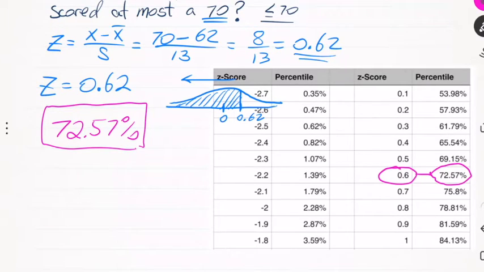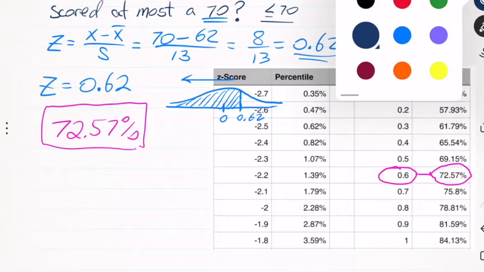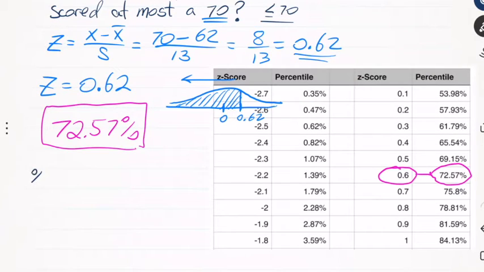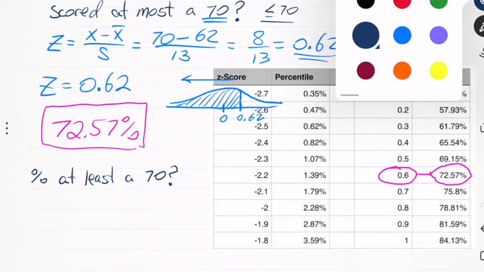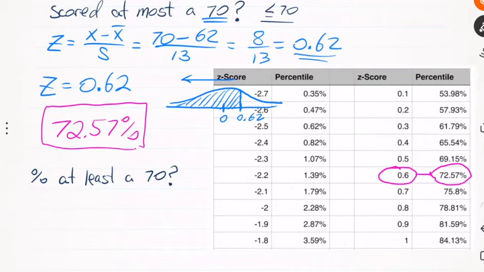At most a 70. So if I change my question and I say percent at least a 70, now we have to do some calculations on the side. This number represents the percent below 0.62. What I'm interested in is the percent above 0.62.